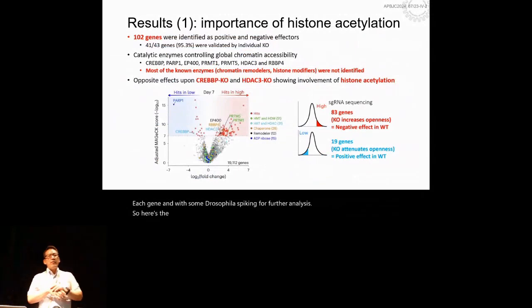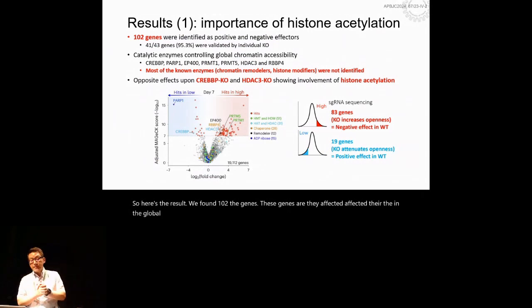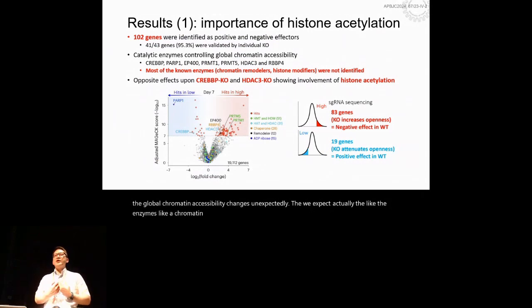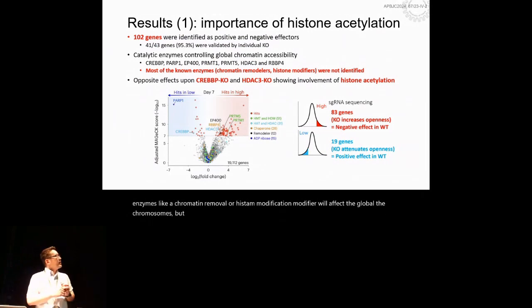We found 102 genes. These genes affect the global chromatin accessibility changes. Unexpectedly, we expected the enzymes like chromatin remodelers and histone modifiers to affect the chromatin accessibility, but not.